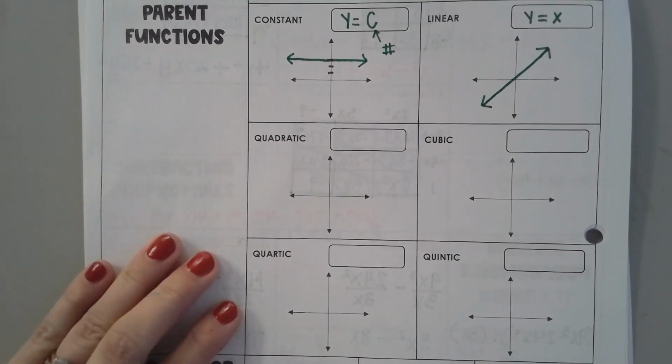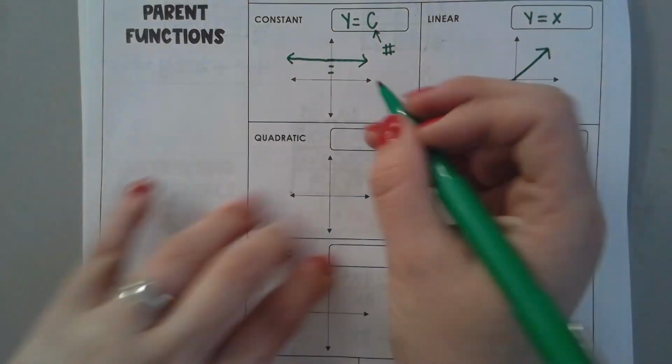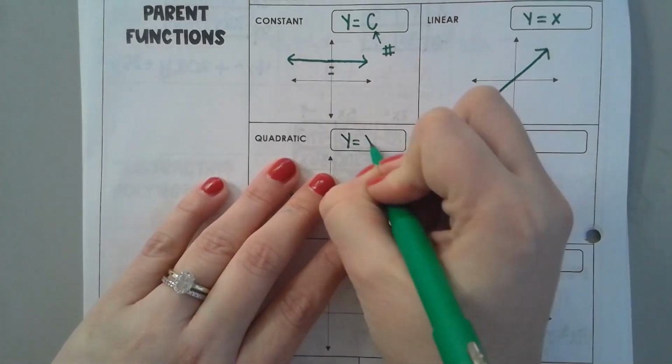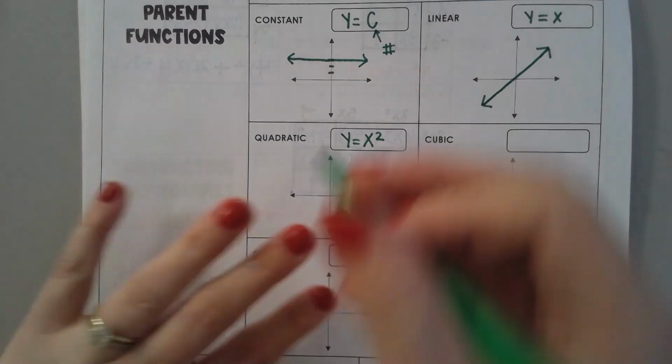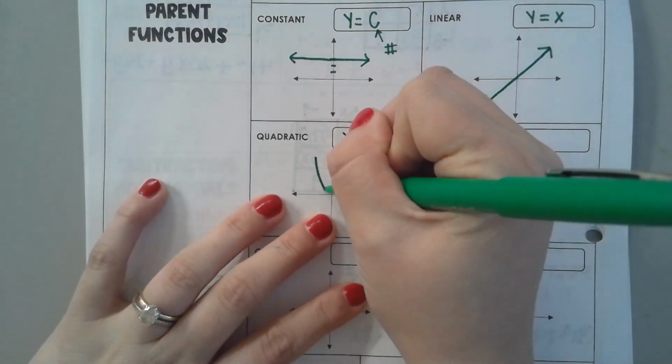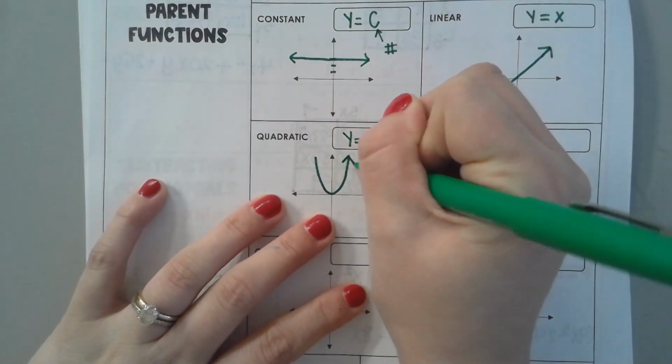Then we get into quadratics. Y equals x squared is the parent function, and it looks like this.